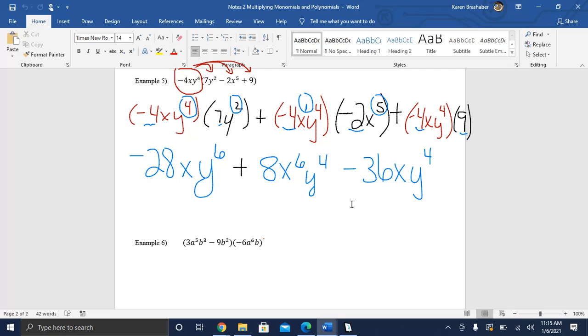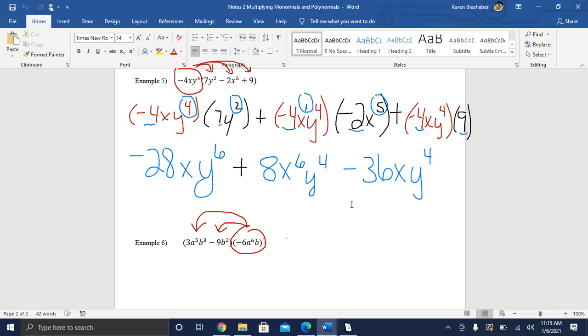And then our last example, I have the monomial negative 6a to the 6th b, and it is multiplied into this binomial, into a 2-term expression.